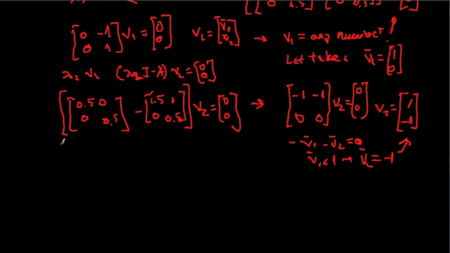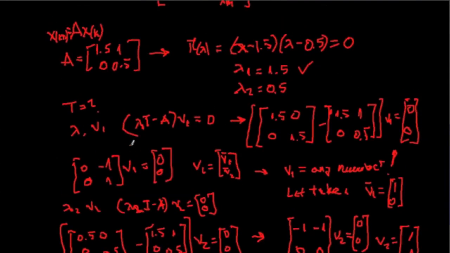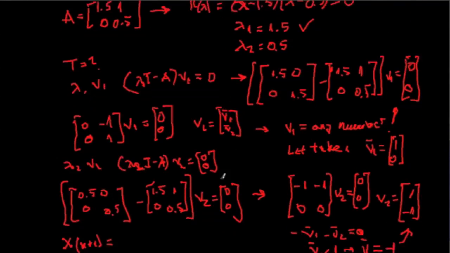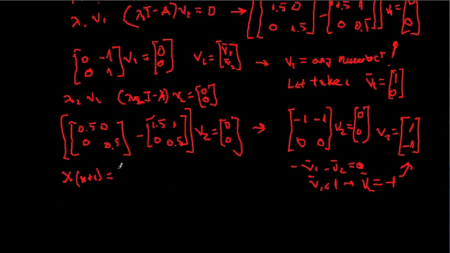And let us finally demonstrate what we have: x at k plus 1, as we did previously, is going to be transformed into z at k plus 1 equals T inverse A T z 0.